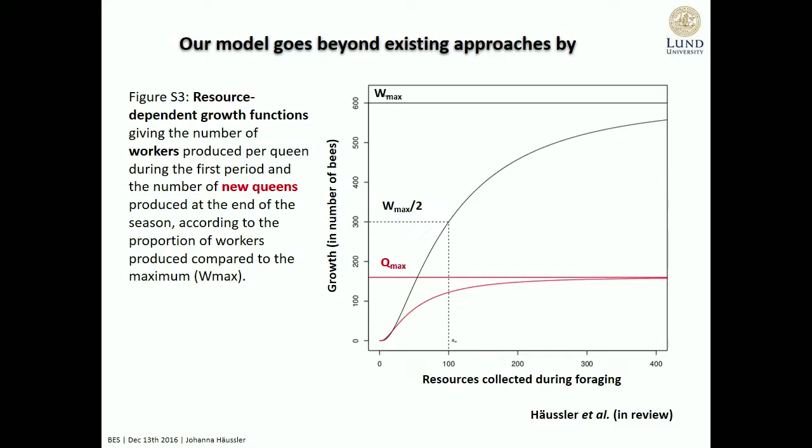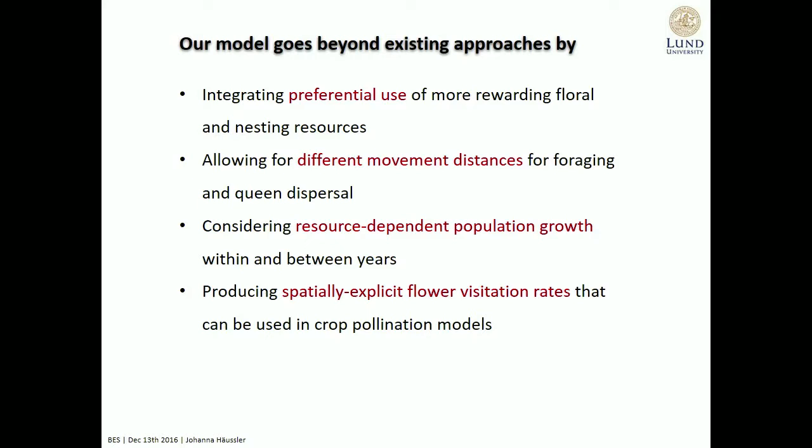And then at the end of the season, based on the amount of resources the workers forage at the end of this period, floral period 2, is the growth rate of the new bumblebee queens. Then we also produce spatially explicit absolute flower visitation rates, which then can be used in crop pollination models, whereas previous models only produced relative flower visitation rates.